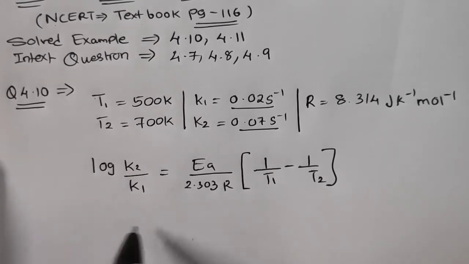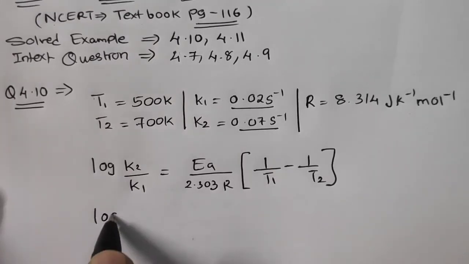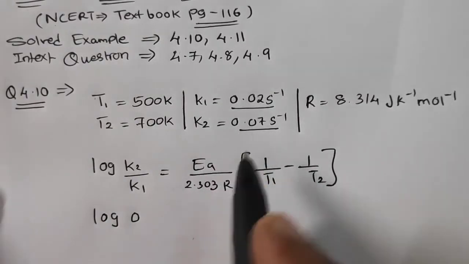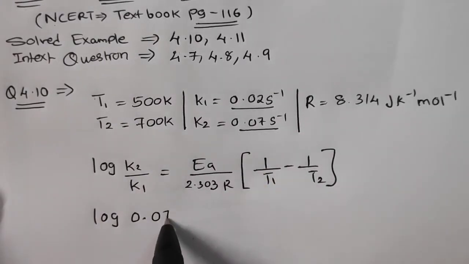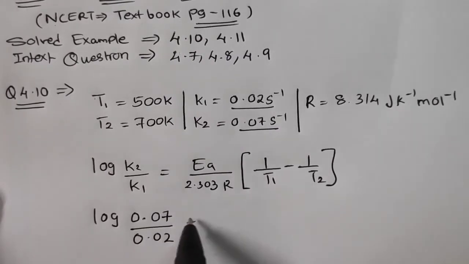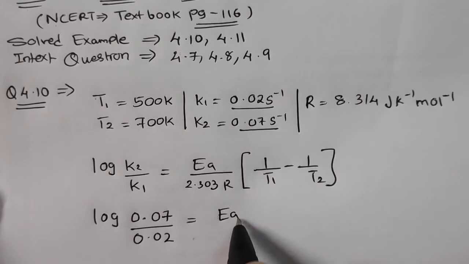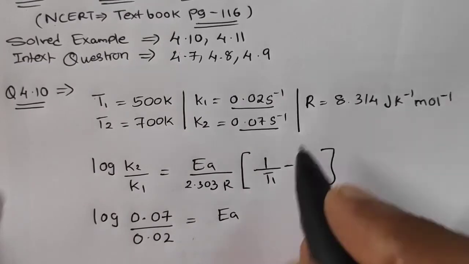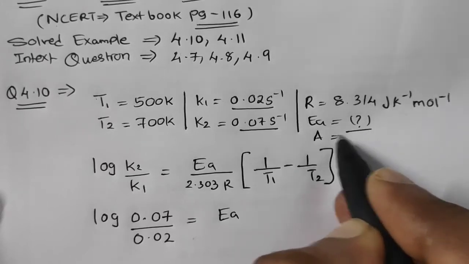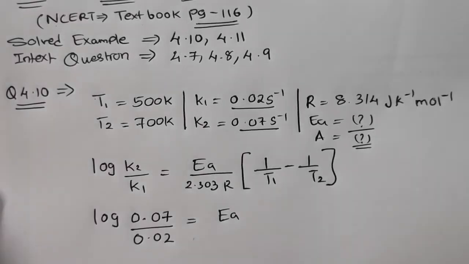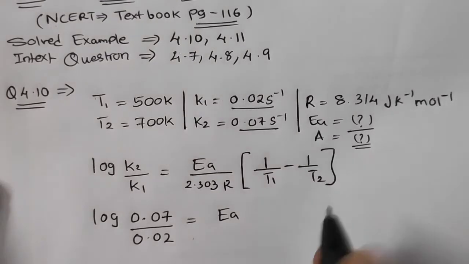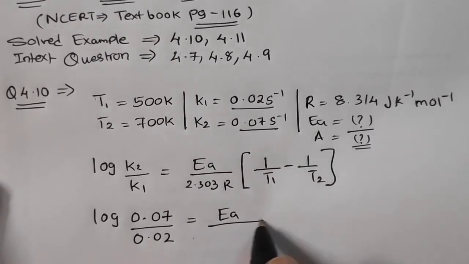So if I substitute the values, it will be log of 0.07 divided by 0.02 is equal to EA. First we'll find EA, then we'll find A, the Arrhenius factor or frequency factor. EA means activation energy. So from this formula we'll get EA.